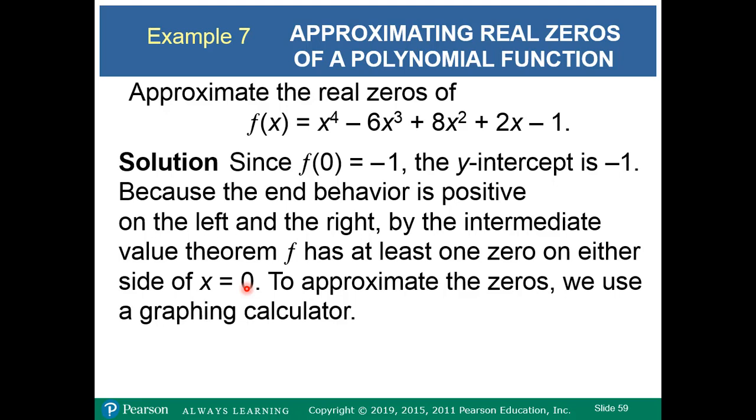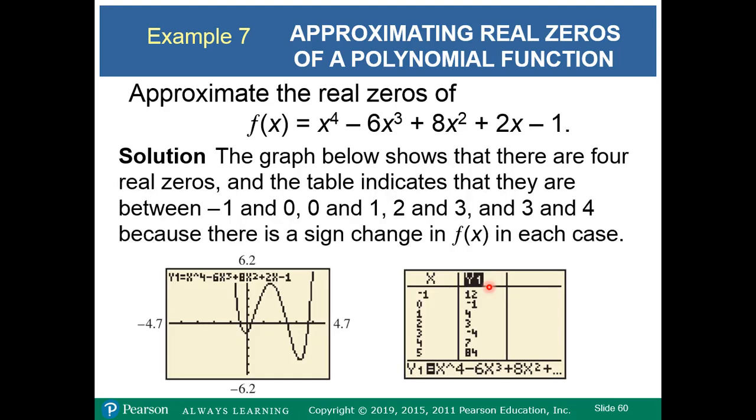So that means we're going to have at least 2 zeros, since we know it's -1 at 0, and it's going to be positive eventually on the left, and positive eventually on the right. Then the intermediate value theorem says there must be at least 1 zero between 0 and -infinity and 0 and positive infinity. So that's where we're going to use our graphing calculator.